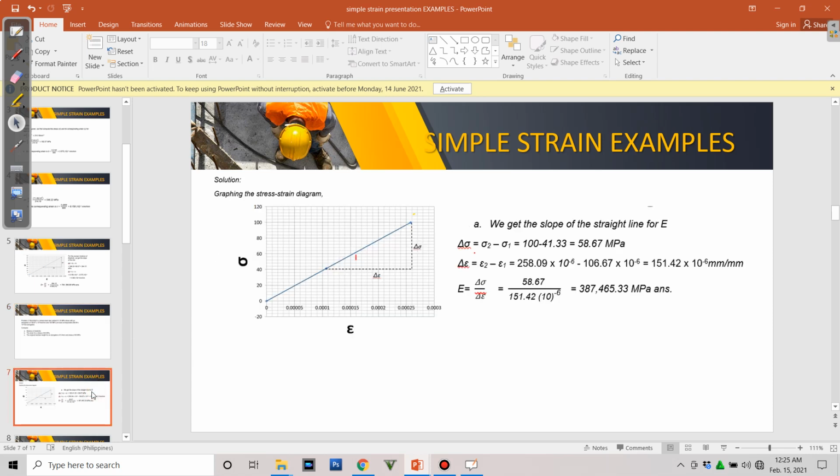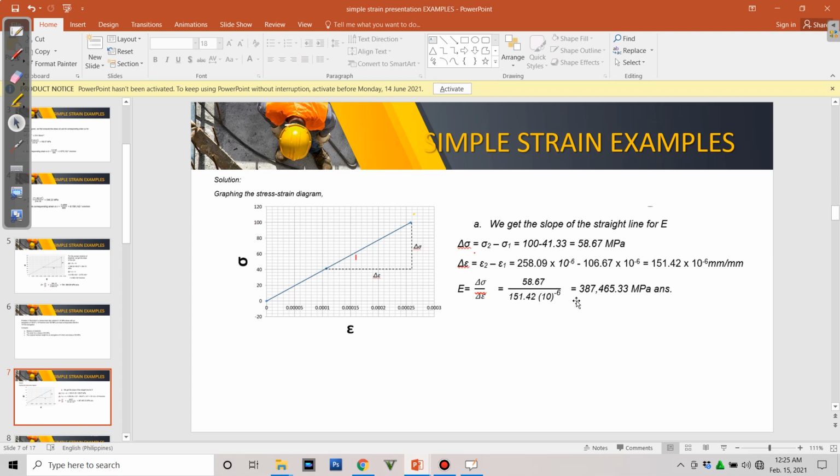From that, with the same procedure to compute the modulus of elasticity, we get the differences between the sigma values on the y-axis and the epsilon values on the x-axis, the stress and the strain. From the delta stress and delta strain, we can derive our modulus of elasticity.